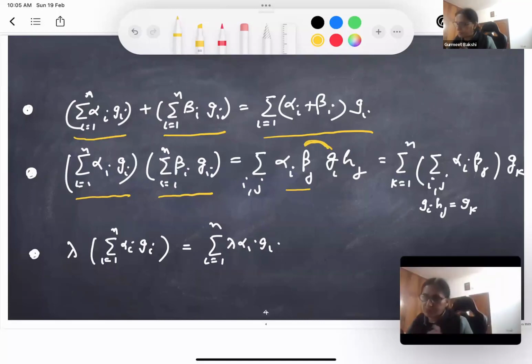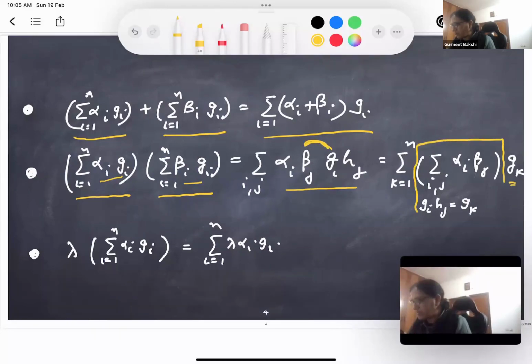If they don't commute, then I will not go into the cross products and so on. So I assume that a field element commutes with a group element, and so when I multiply any two elements, the multiplication is like this. Now gi hj is some gk. So this is the coefficient of gk, which I can collect because the addition is component-wise.